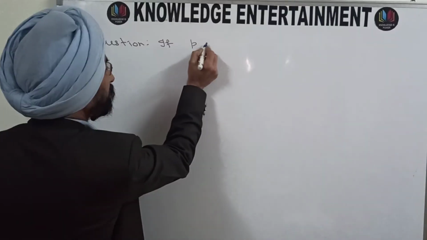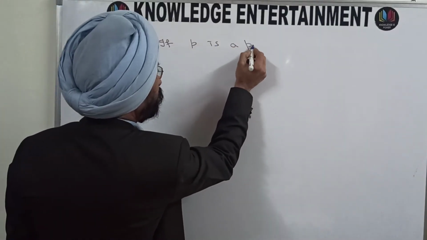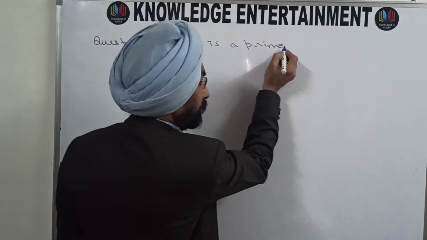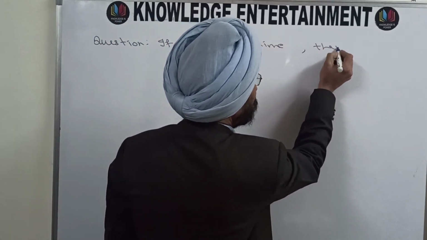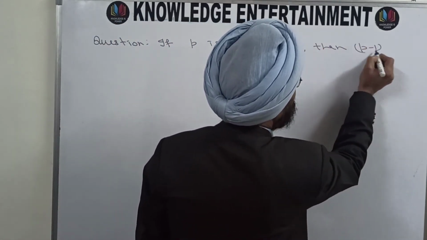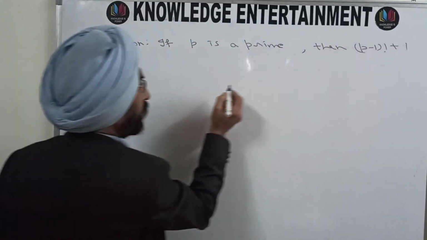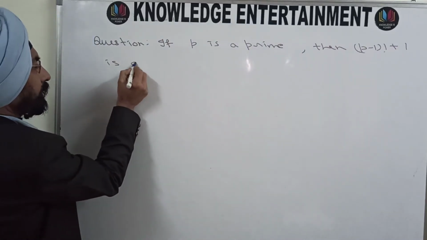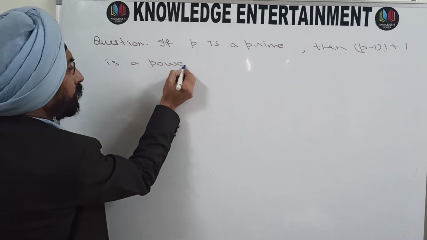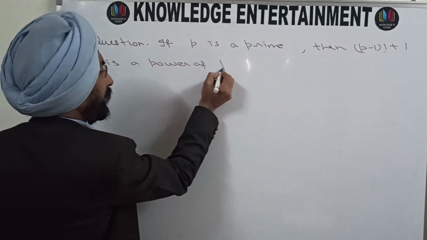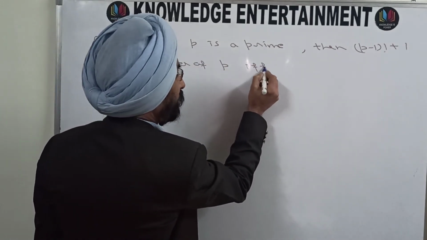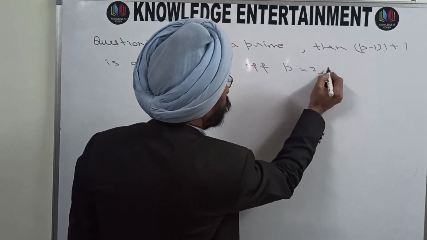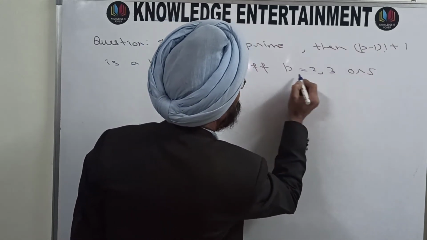If P is a prime, then P minus 1 factorial plus 1 is a power of P if and only if P is equal to 2, 3 or 5.